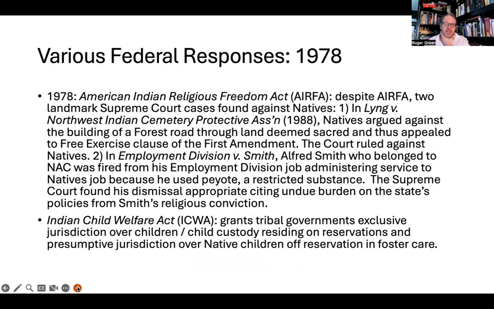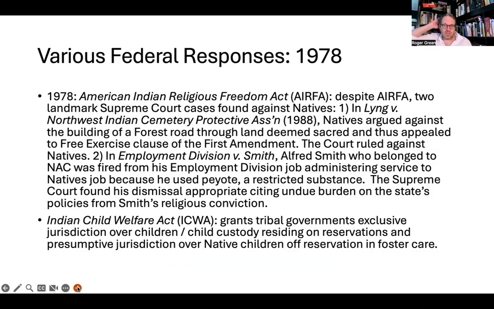Various federal responses have occurred since 1978. On the one hand, without AIM, we wouldn't have had the American Indian Religious Freedom Act, period. But now we see that there are also federal responses to the American Indian Religious Freedom Act.